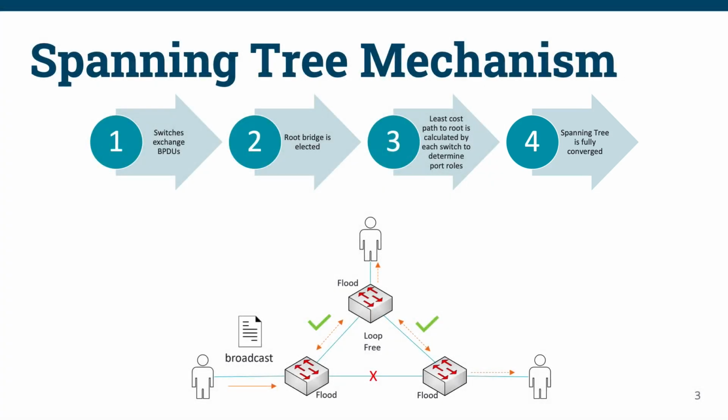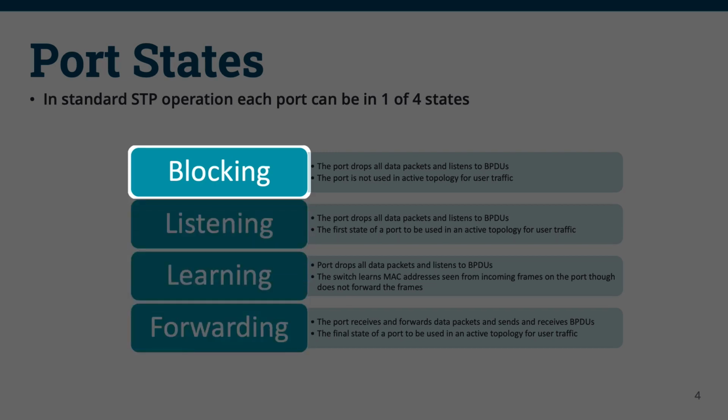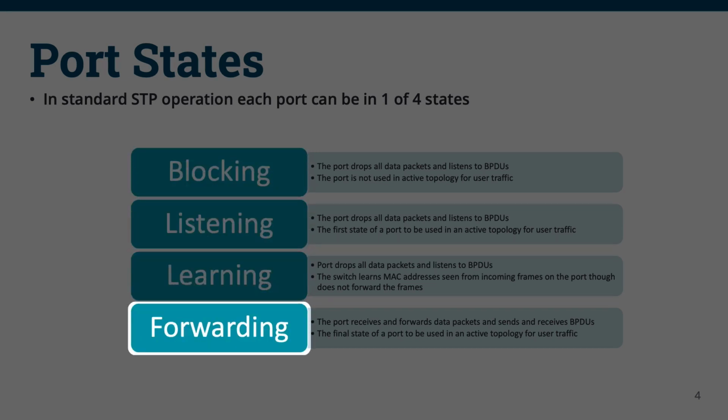So, we've mentioned port states a few times, and know that at least forwarding is one of them. Though, what are the other port states? In 802.1d Spanning Tree Protocol, ports may be in one of the four states listed here: blocking, listening, learning, and forwarding.